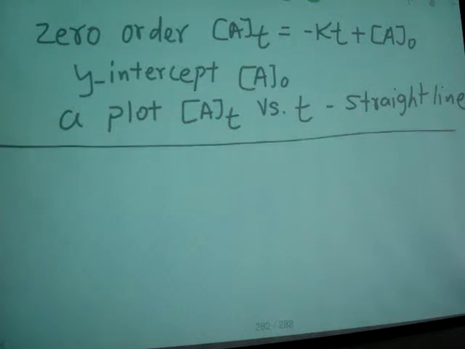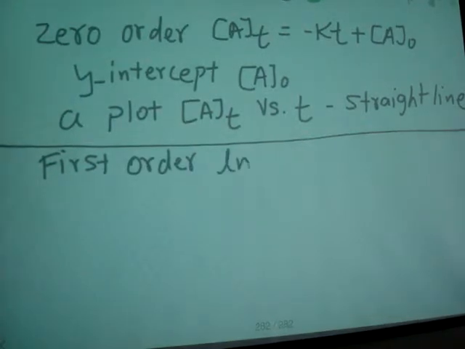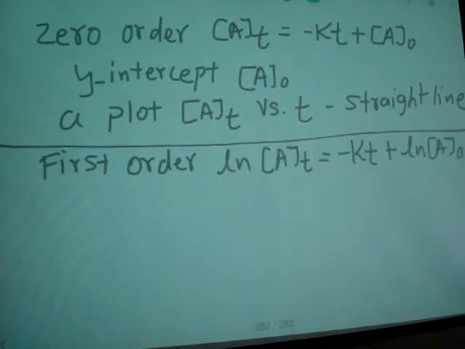Now for first order, you have ln concentration of A at time t equals minus kt plus ln A0.